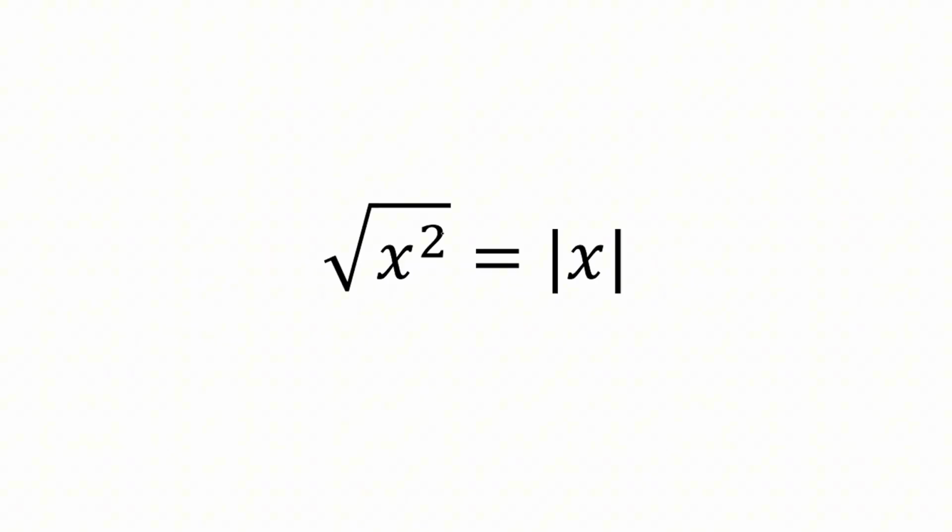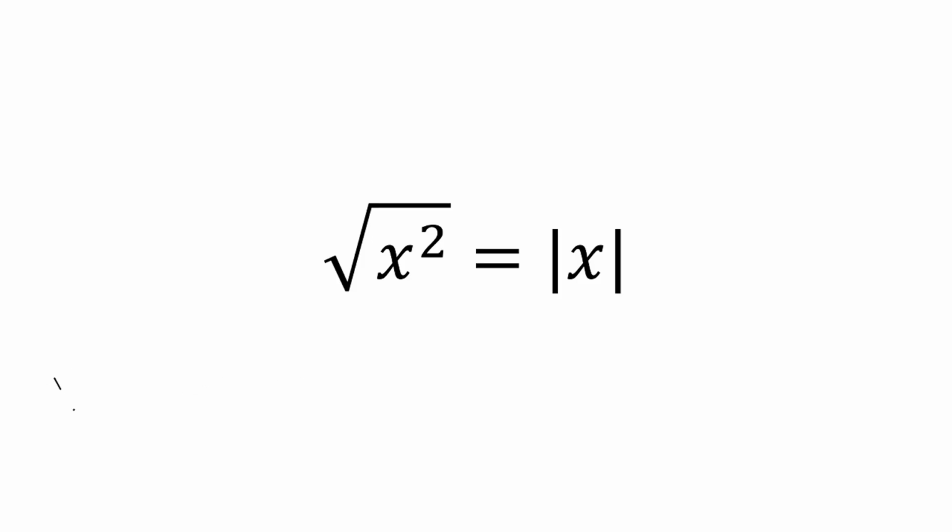Another important thing to mention is that if you have a number nested in a radical raised to the power of 2, or it doesn't really have to be raised to the power of 2, just a number nested in a radical, you'll get the absolute value of that number.